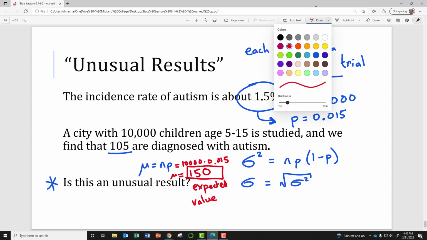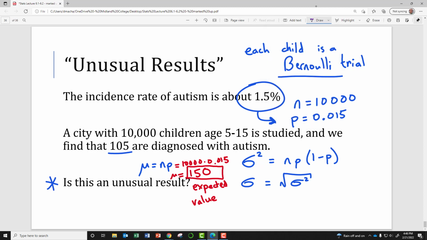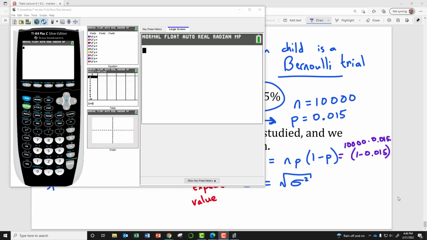But you just can't vary too far away from the expected value. To determine how far is too far, that's where we look at our variance, which will be 10,000 times 0.015 times 1 minus 0.015. I will get out the calculator for that one. 10,000 times 0.015 times, open parentheses, 1 minus 0.015, close parentheses.